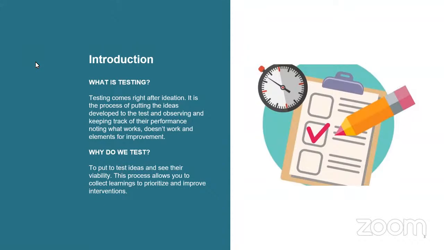So I wanted to give you an example of a service as well as a product. Testing is important because you keep having the chance to make changes before you come up with a final product or service.